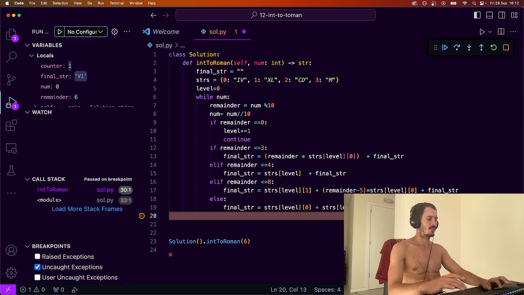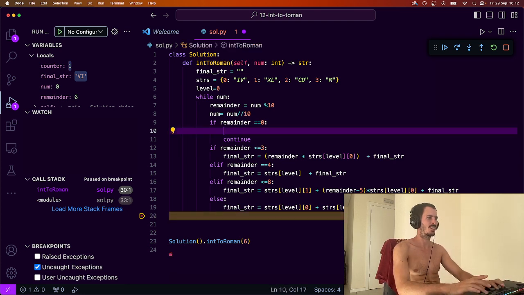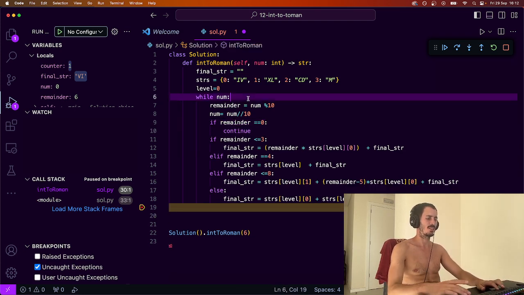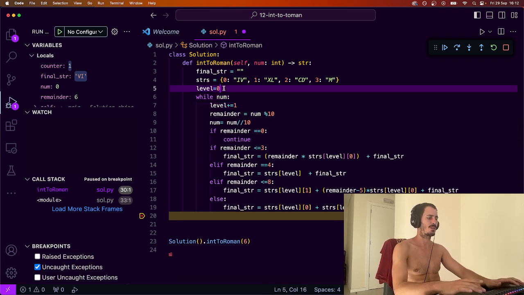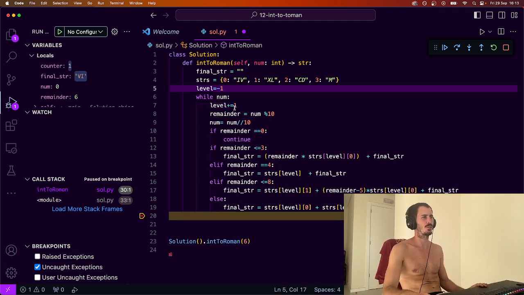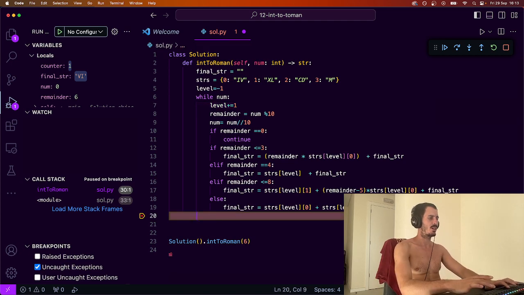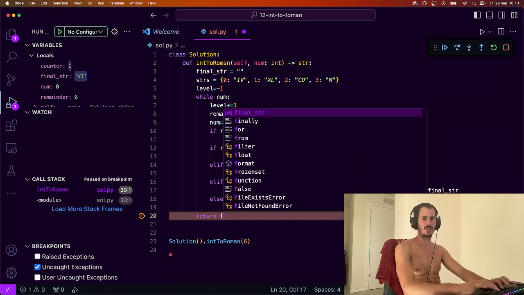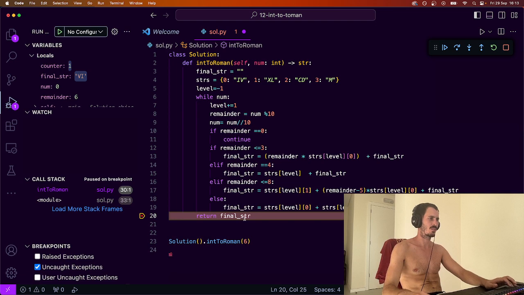And let's not do counter plus equals 1. Let's just start with level minus 1, so it increases the level at the beginning. And now we return final string.